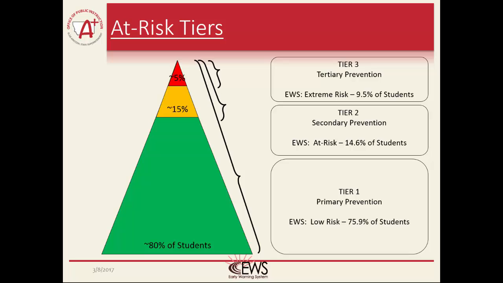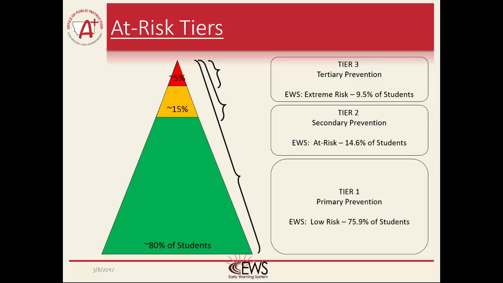The Montana Early Warning System works well with these intervention programs. There are 3 risk levels that are assigned to each student in the EWS: low risk, at risk, and extreme risk. These 3 risk levels mesh well with the 3 tiers that make up many popular intervention models. Students that are in extreme risk are placed in Tier 3, at risk in Tier 2, and low risk in Tier 1.